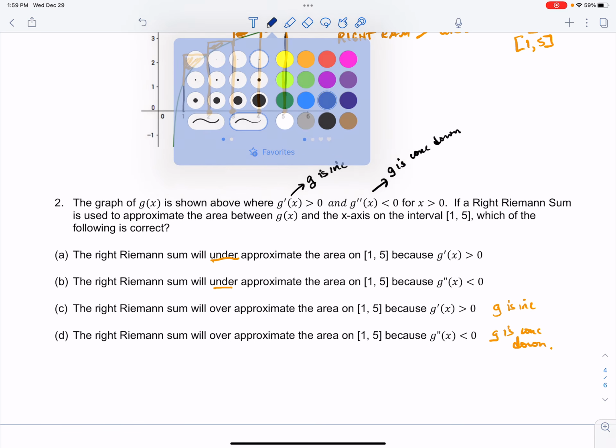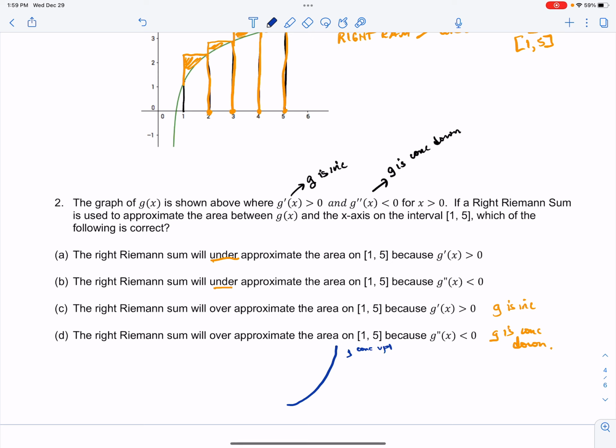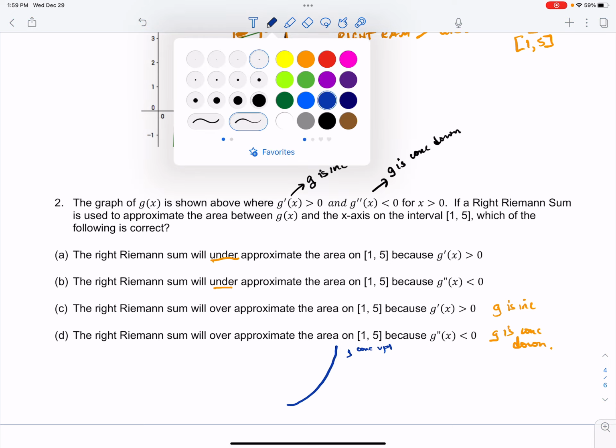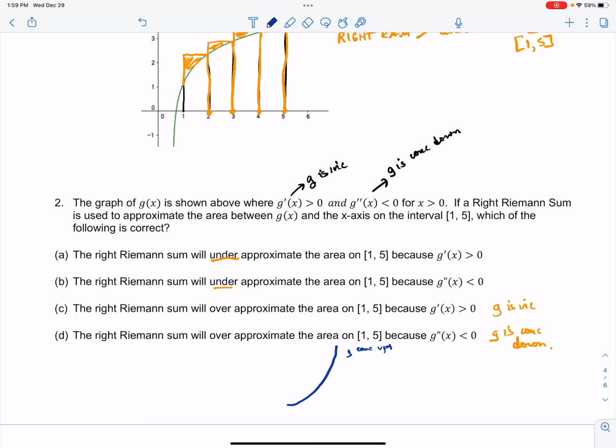Well, if we think about it, if g were concave up and increasing, which we could do this way, and we subdivide it in the same way, and use right RAM, oh wait, is that right?